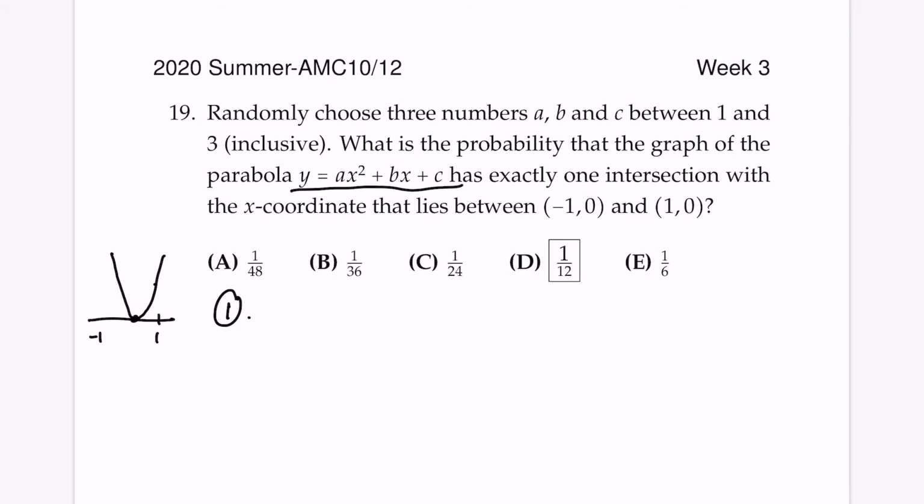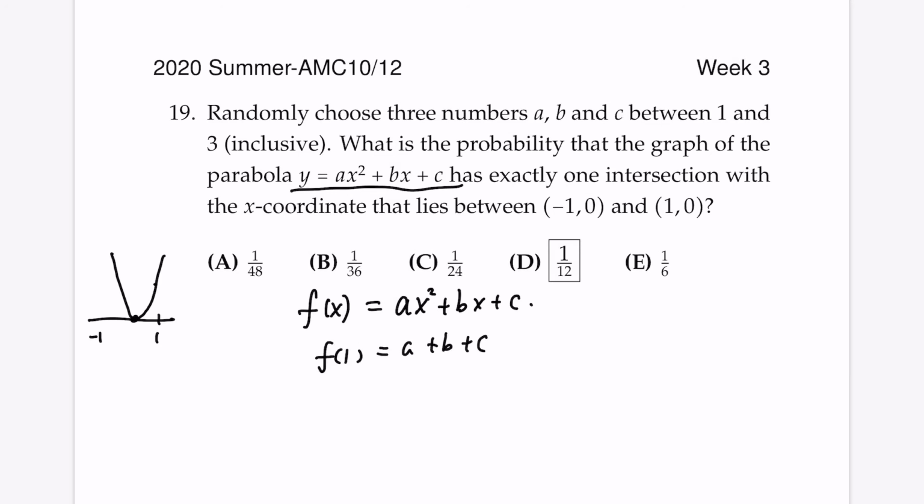The second case: let me write f(x) equals ax squared plus bx plus c. So f(1) is equal to a plus b plus c, which by our assumption is always positive. So if there's exactly one zero between -1 and +1, then f(-1), which is a minus b plus c, has to be negative.